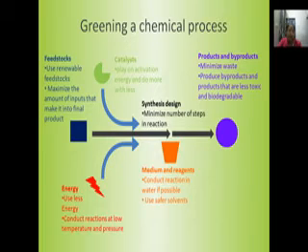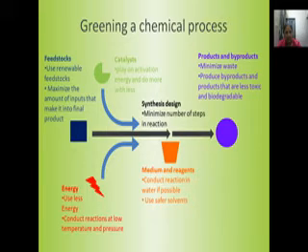Greening a chemical process. Feedstock: use renewable feedstock. Maximize the amount of inputs that make it into the final product. Catalysts lower the activation energy and do more with less. So by using catalysts in synthesis design, the minimum number of steps in the reaction is required.